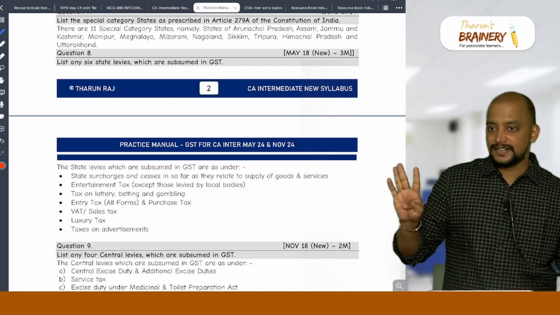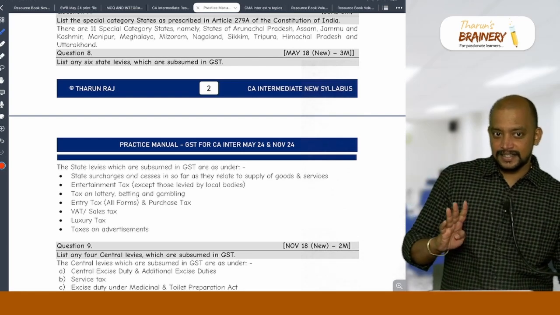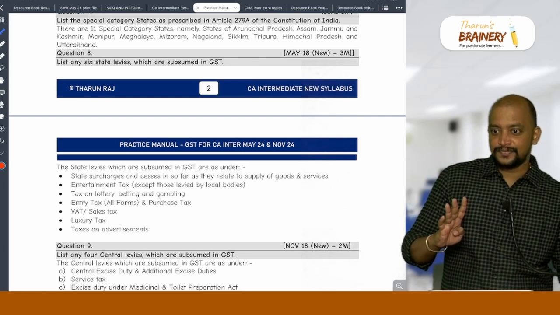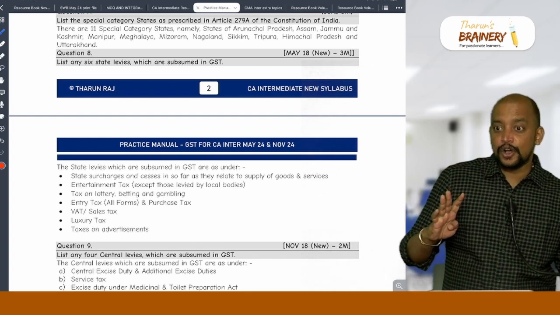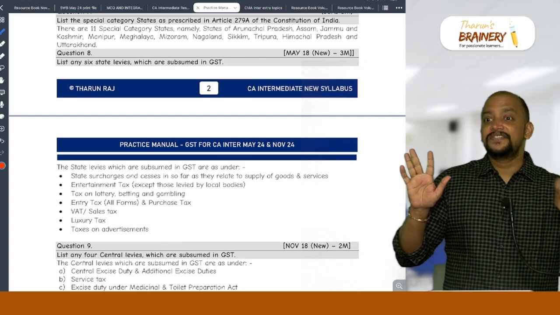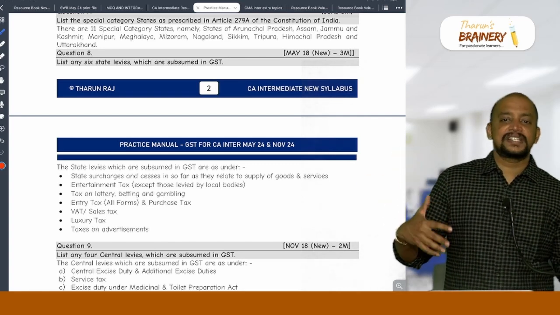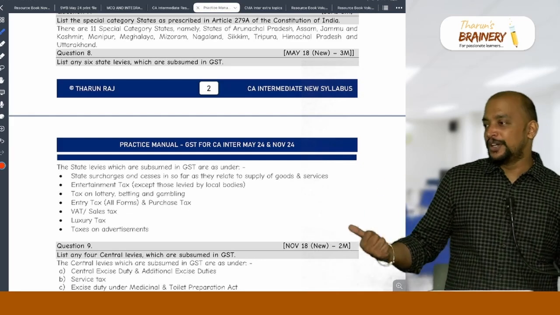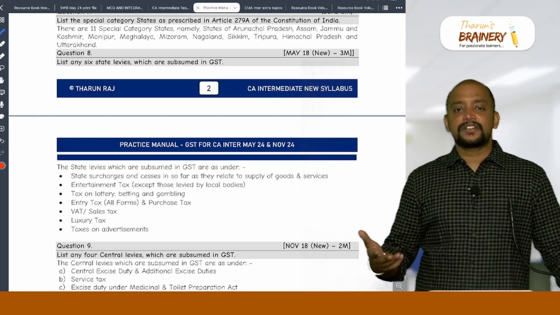Lottery betting tax, luxury tax said. I told you, while purchasing we need to pay some tax: octroi, purchase tax, advertisement tax. So these are the 6 indirect taxes levied by the state government that got subsumed into GST. That is what we need to write for this. Already they tested this question for 3 marks.